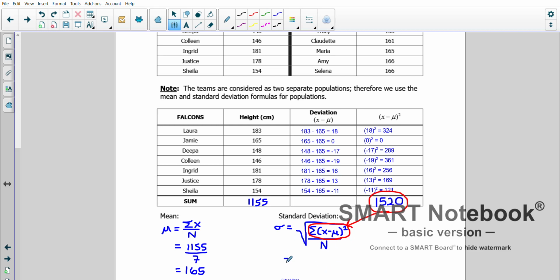Now I just want to find out the average of this value. So I'm going to go 1520, and the number of data points is 7. So you get the square root of, I'm just going to get my calculator here.